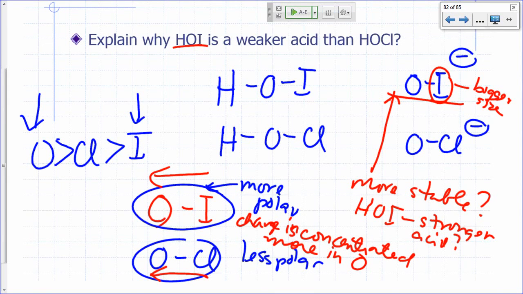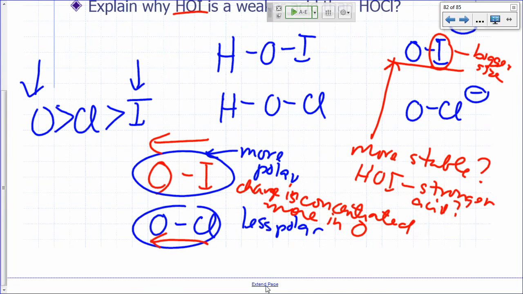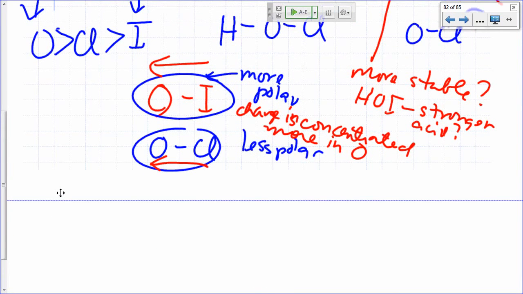So in a way, you have a higher charge density on the oxygen, which would make more impact on the ability of your molecule to lose a proton, because now this would explain the opposite observation, right? Charge is more concentrated in the oxygen, so this would be the less stable base.